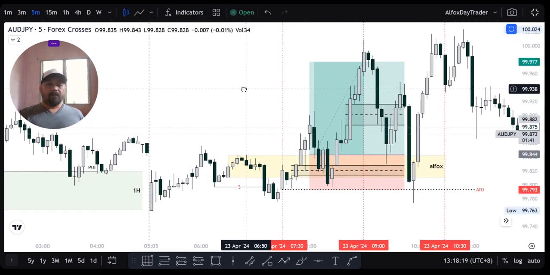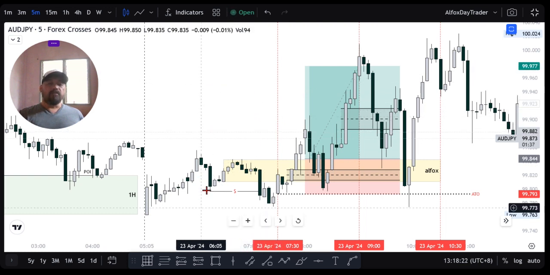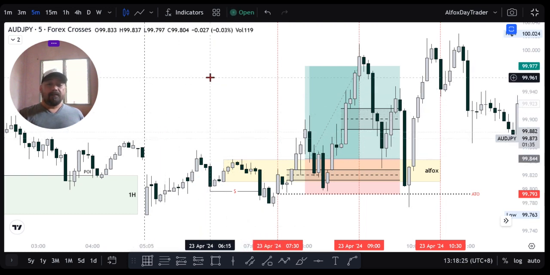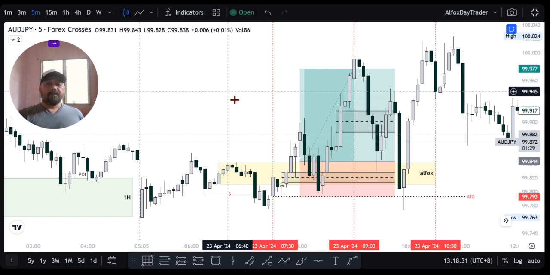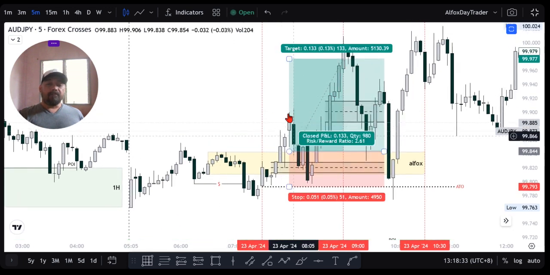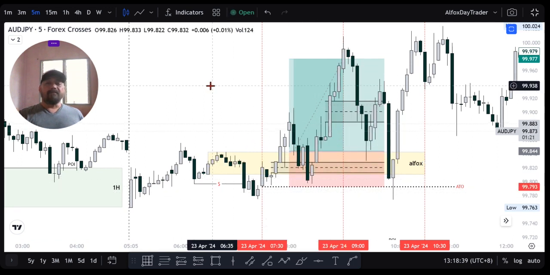Always remember, follow your rules and conditions, your risk to reward, and of course, if we get into this situation where price is almost going to hit our SL, be confident and just let price do its thing.